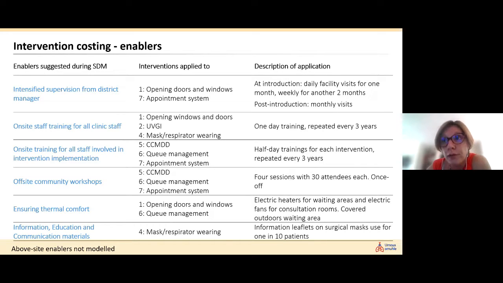Thermal comfort for patients and staff was taken into account for interventions that are meant to improve ventilation. So for example, by providing electric heaters or fans, depending on the season, as well as covered outdoor waiting spaces. So note that the model only considered site level enablers, so service level interventions.